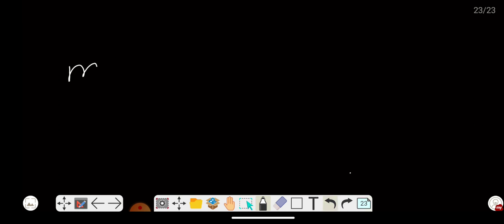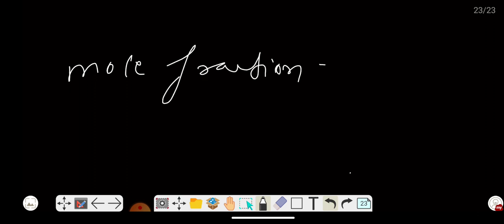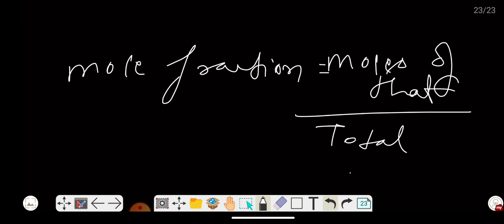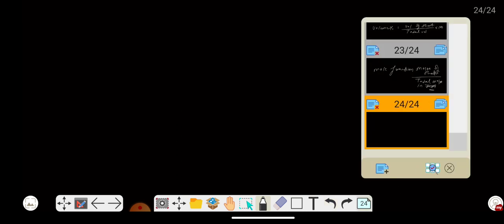Now the mole fraction: it is the moles of that component divided by the total moles in the solution or mixture, as we have already discussed. This is all about volume percent, mass percent and mole fraction.